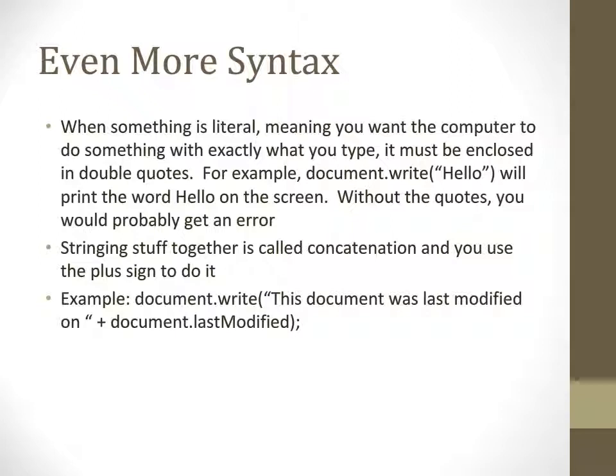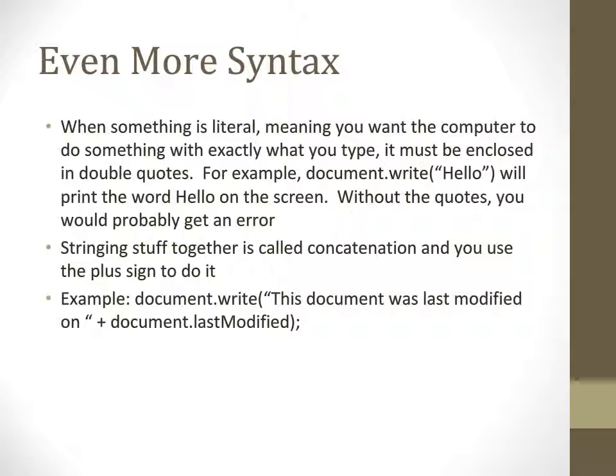So an example right here on how to concatenate is our document.write statement. The way this is going to work is we're going to tell the browser document.write, and literally we want it to display the words "this document was last modified on." Then we want it to go retrieve the value stored in the document.lastModified property.